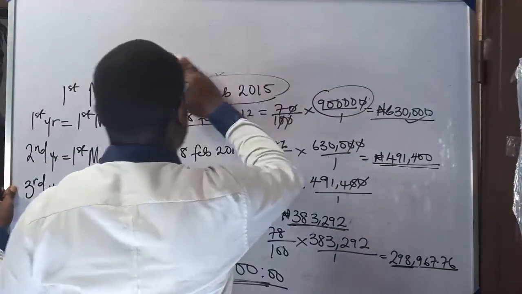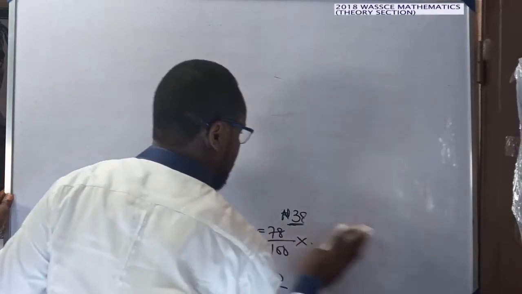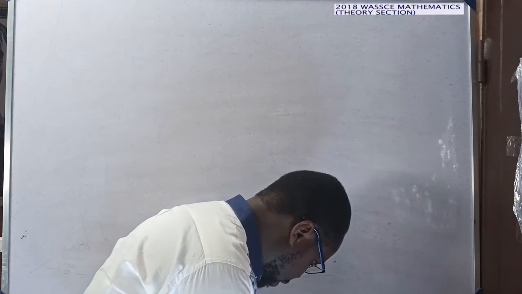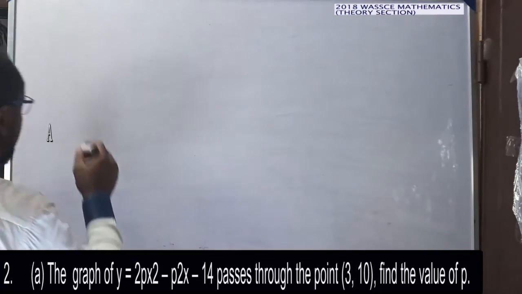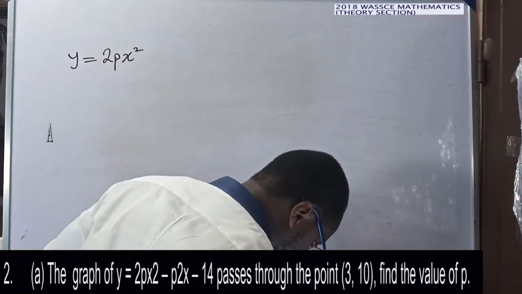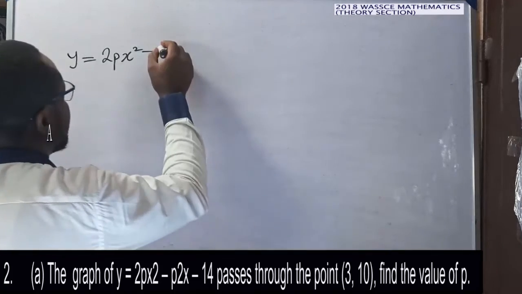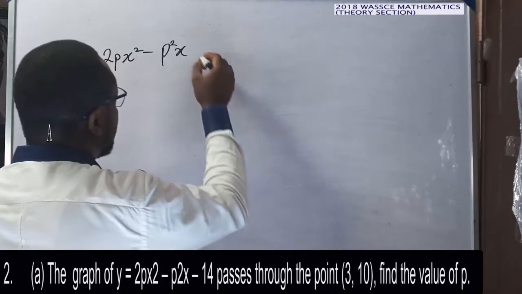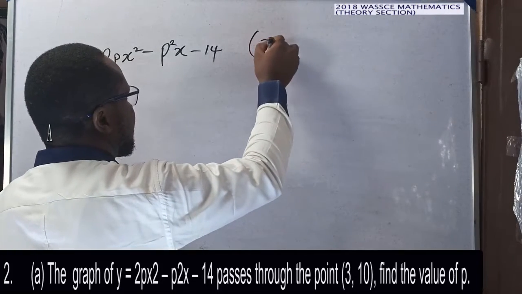Question number 2. Again, the graph of y equals 2px squared minus p squared x minus 14 passes through point (3, 10).